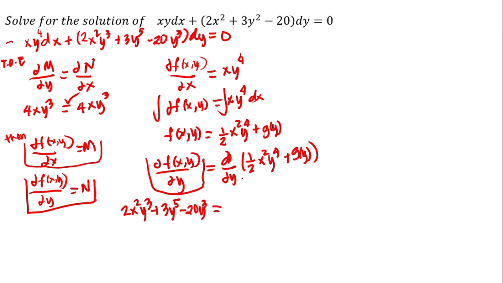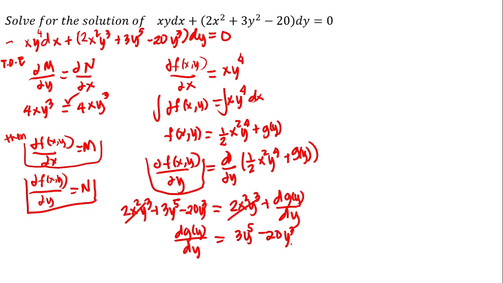Then the partial derivative of the right hand side is just equal to 2x squared y cubed plus d of g of y over dy. So simplifying this equation, it cancels 2x squared y cubed. So what's left is dg of y over dy equals 3y to the 5th minus 20y cubed.